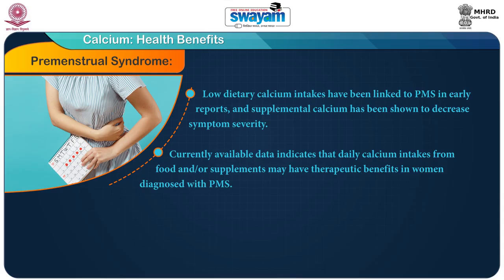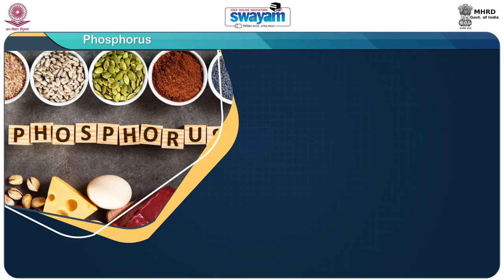Now, currently available data indicates that daily calcium intakes from food and or supplements may have therapeutic benefits in women diagnosed with premenstrual syndrome. Now, let us come to the next macro mineral, which is phosphorus.